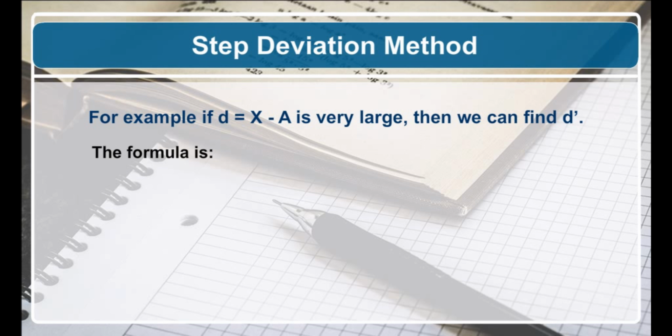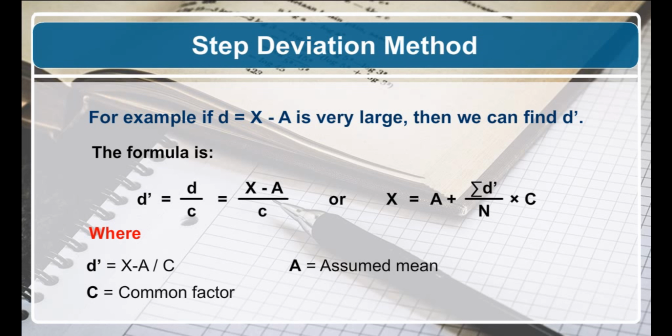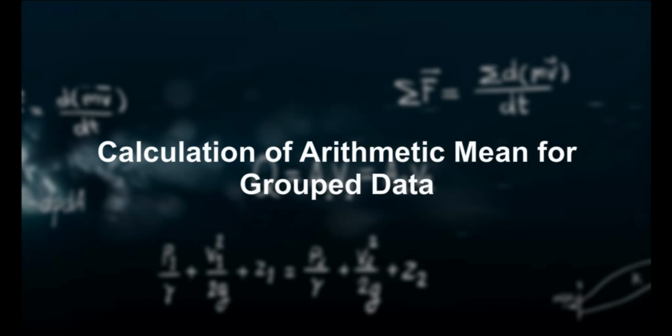The formula is d dash equals d upon c equals x minus A upon c, or x bar equals A plus summation of d dash upon n into c, where d dash equals x minus A upon c, c is the common factor, and A is the assumed mean.